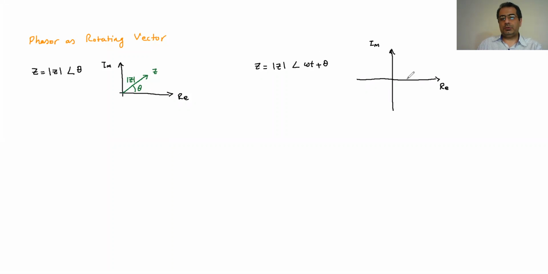Because it's time dependent, I have to start by putting in values. If I put t equals 0, assume this is what I'm going to get: at time 0, this is z, and because t is 0, the omega t term vanishes.